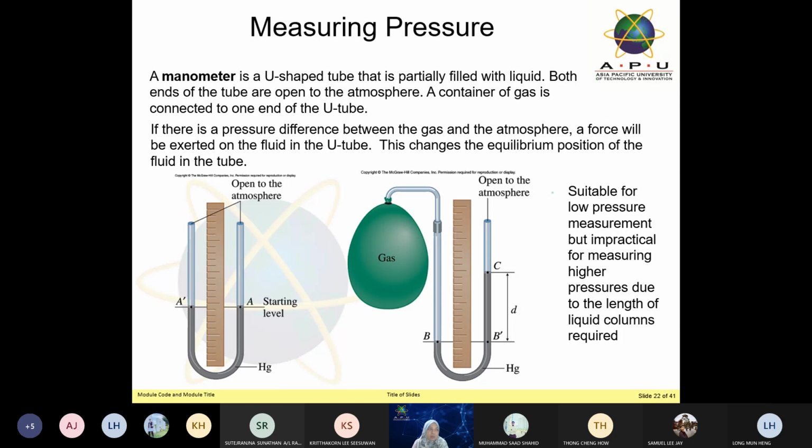This changes the equilibrium position of the fluid in the tube. It is suitable for low pressure measurement, but impractical for measuring higher pressures due to the length of liquid columns required, because the space would not be enough. So there are two different measuring devices for pressure, the barometer and the manometer.